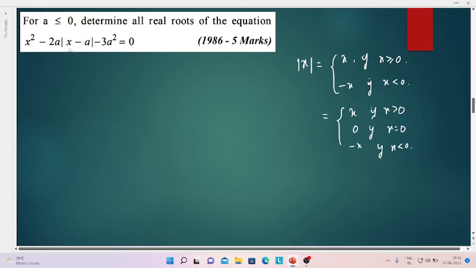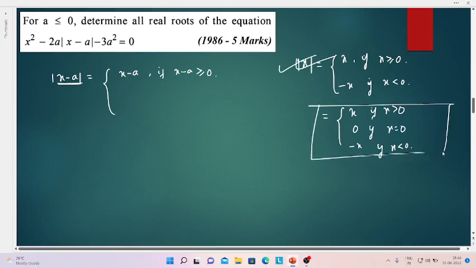So here we have to break this mod function, which is mod of x minus a, into two parts. Mod of x minus a will be x minus a if the internal part, which is x minus a, is greater than or equal to 0. I'm just taking this particular form. This is also right because these are two similar parts, so there is no issue, right?